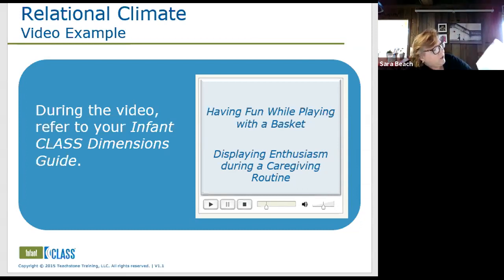Again, joint attention is, I'd like you to read or take a look at the high description for relational behaviors, which is that first paragraph. It says, teachers and infants show clear evidence that they enjoy being with one another.